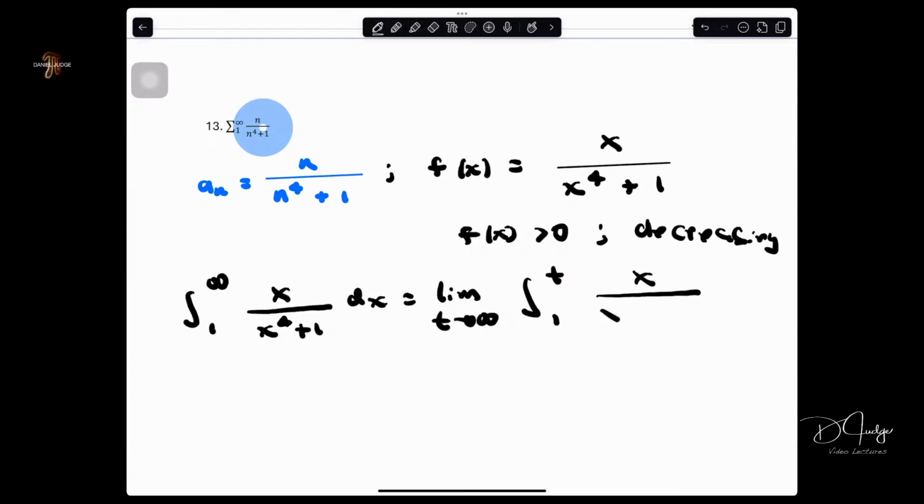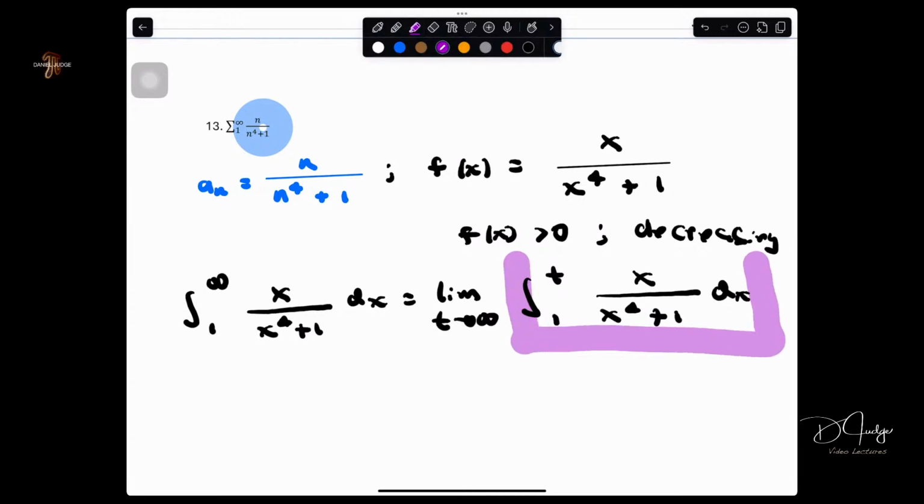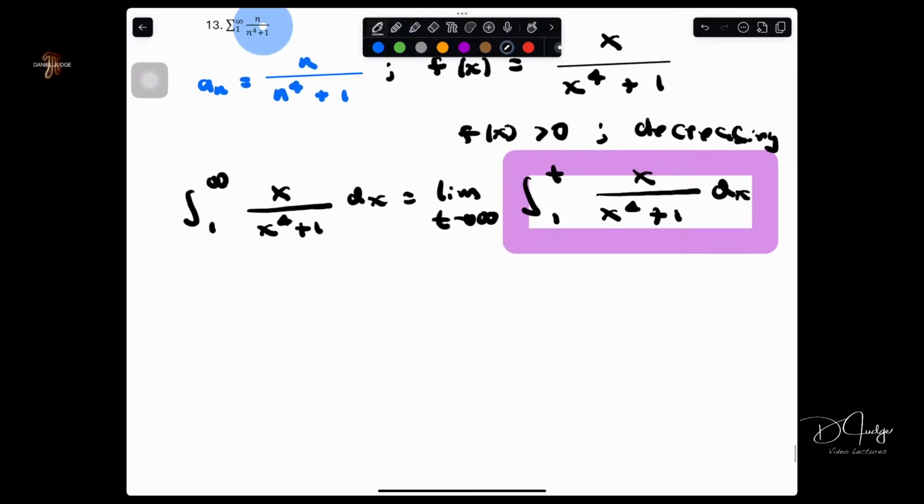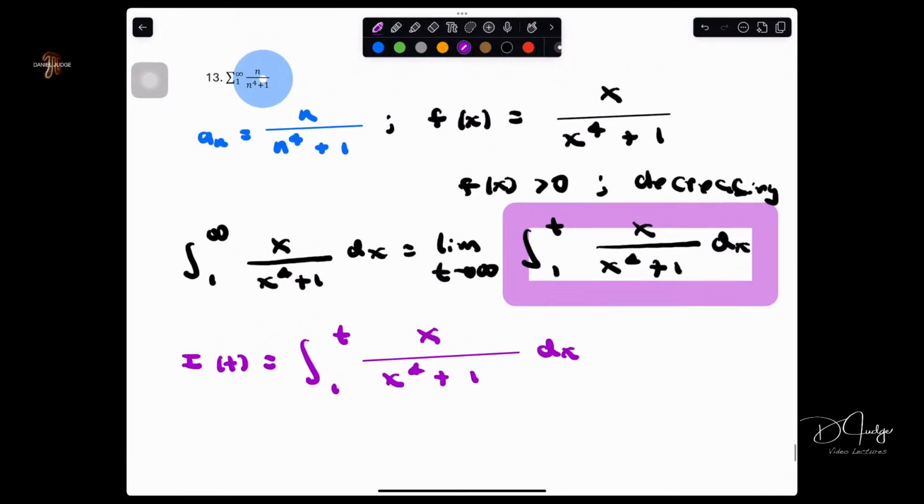This is my I of t, my integral in terms of the function t. I of t will be the integral from 1 to t of x over x to the fourth plus 1 dx.